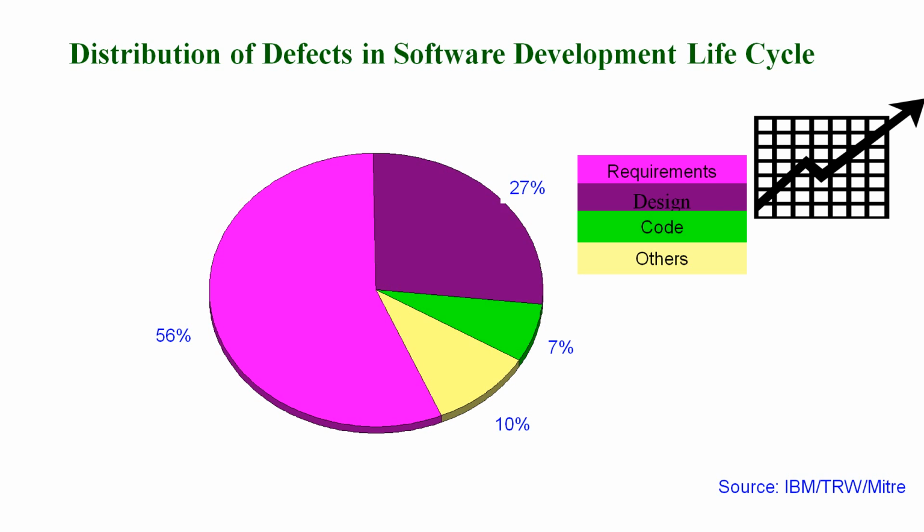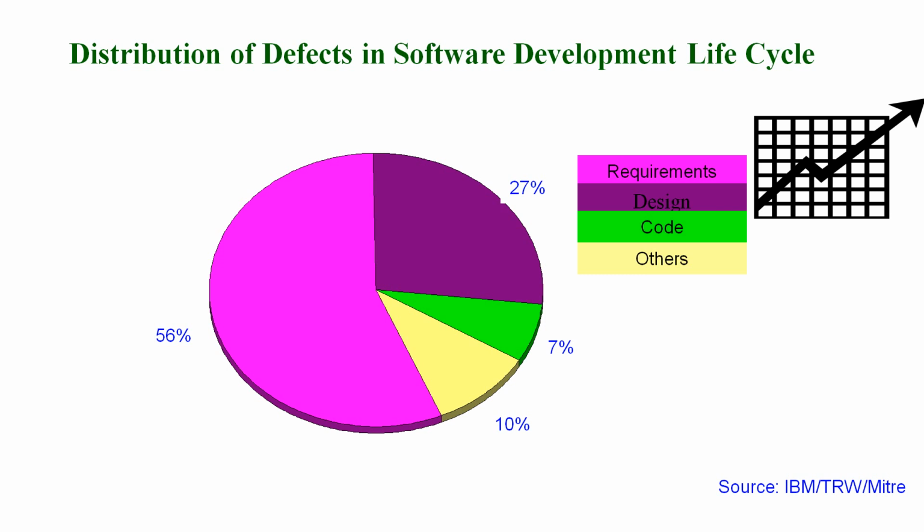For example, if at the end of the project there are 100 defects in the project, out of 100 defects, 56 defects will be present in the requirements gathering stage only. That means close to 60%, more than 50% of the project defects will be present in the requirements stage, right?